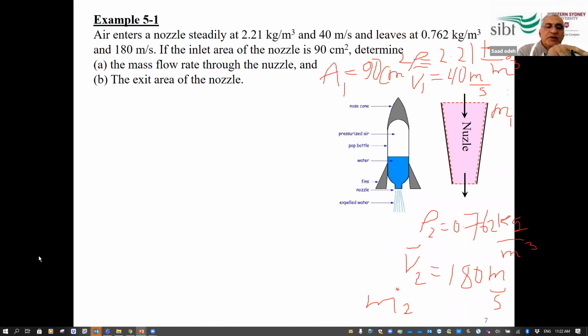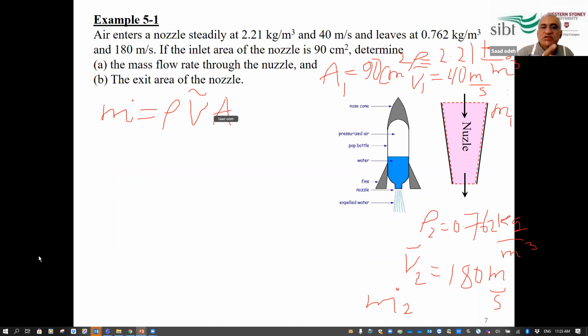Okay, so when the question asks you to find the mass flow rate through the nozzle, you can find it either at the exit or at the inlet, it doesn't matter. You just need to check which part you have enough information for your equation. Remember the mass flow rate equation, m dot is density multiplied by velocity multiplied by area.